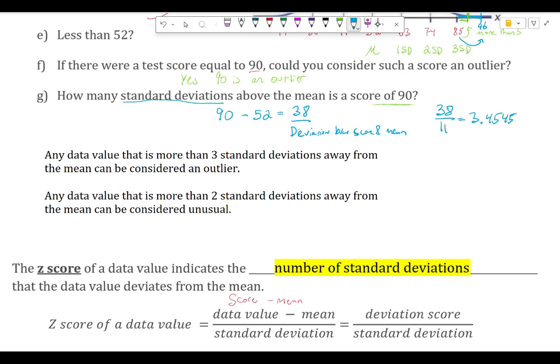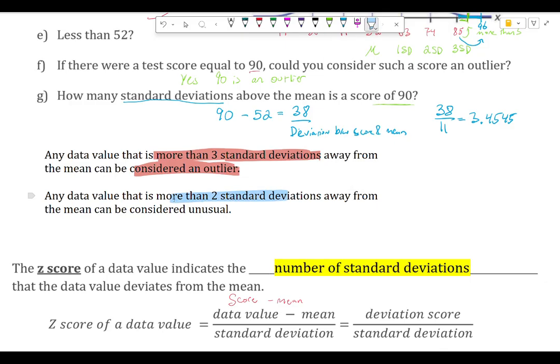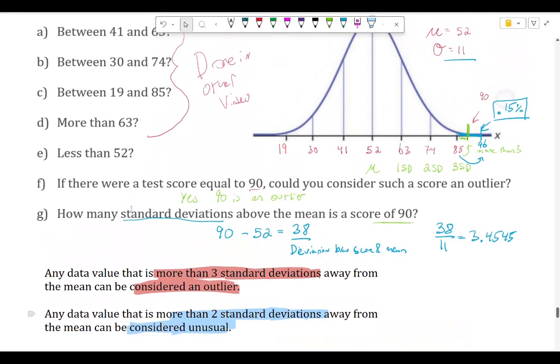A little bit of notes here. It says any data value that is more than 3 standard deviations away from the mean can be considered an outlier. And anything that's more than 2 standard deviations from the mean can be considered unusual. If we look at our picture here, 2 standard deviations, I'll highlight in blue on both sides.